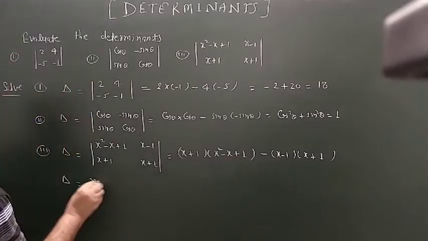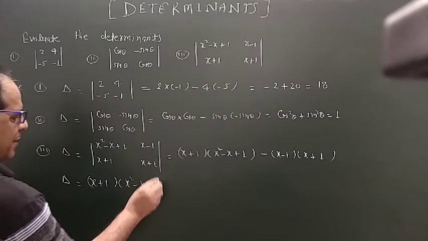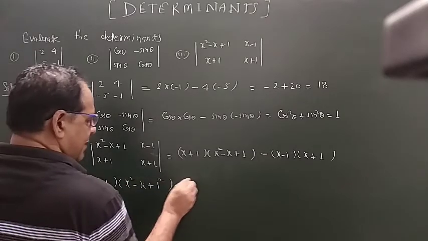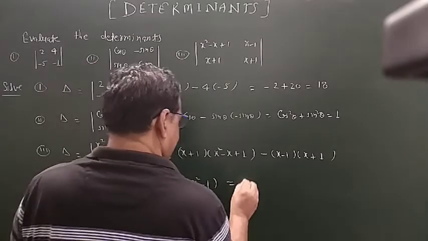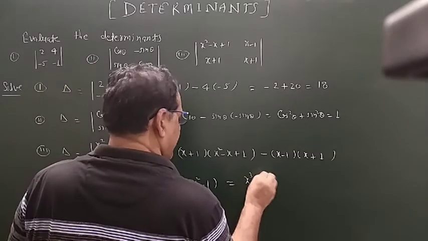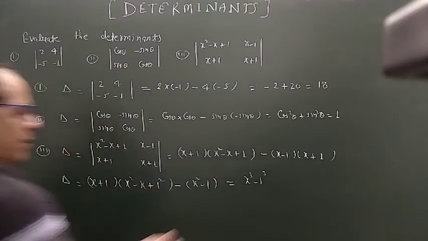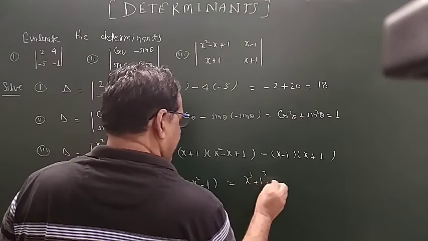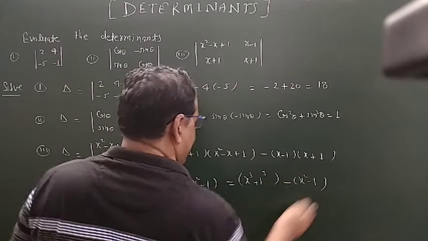This can be written as x cube plus 1 cube minus x square minus 1.